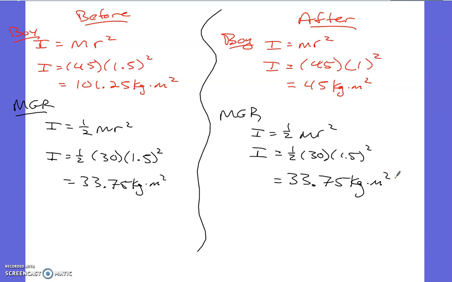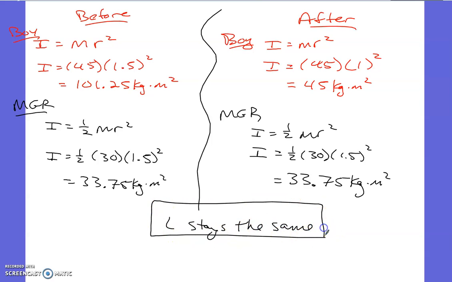Now we're using the idea of conservation of angular momentum, which says that the angular momentum stays the same. Remember that the angular momentum is the moment of inertia times the angular velocity. So the moment of inertia times the angular velocity in the beginning is equal to the moment of inertia times the angular velocity at the end.